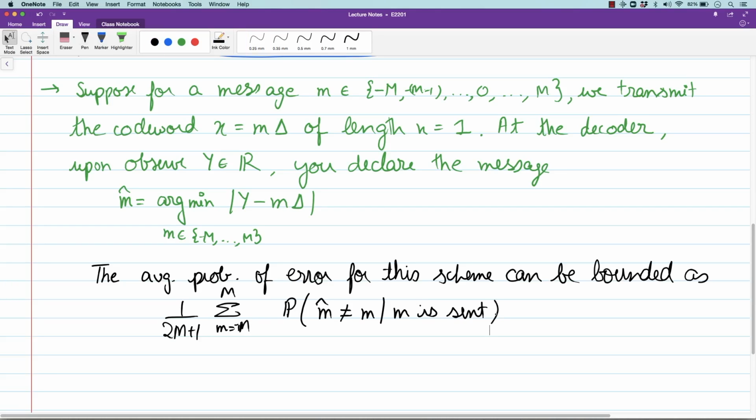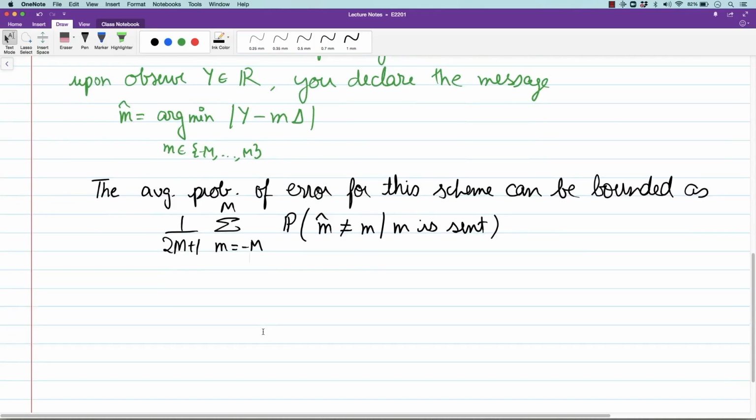What is this probability? It is the probability that the decoded message is not equal to m when m was sent. Well, this can only happen if the received y minus m delta is greater than delta by 2, only when it exceeds delta by 2.